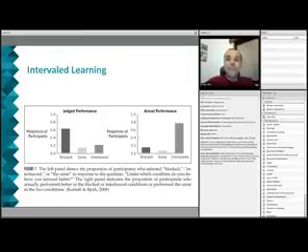Although participants thought they had learned much more by doing the block course, a few weeks down the track the amount of information retained and used was far better in the interval group. Now, why is that?